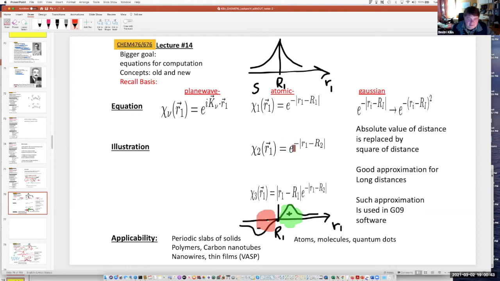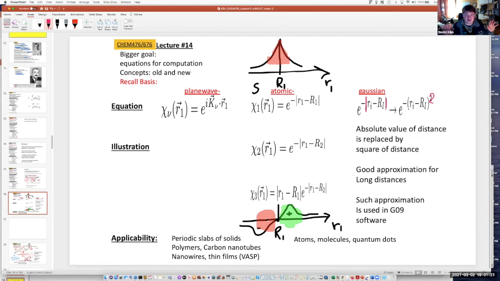These mathematical expressions, these sharp cusps, give a lot of problems to anyone who will try to find two electron integrals, the Coulomb and exchange integrals. And therefore, there is a quite cheesy approximation. Instead of this absolute value, one puts just a square, which looks mathematically wrong, right?